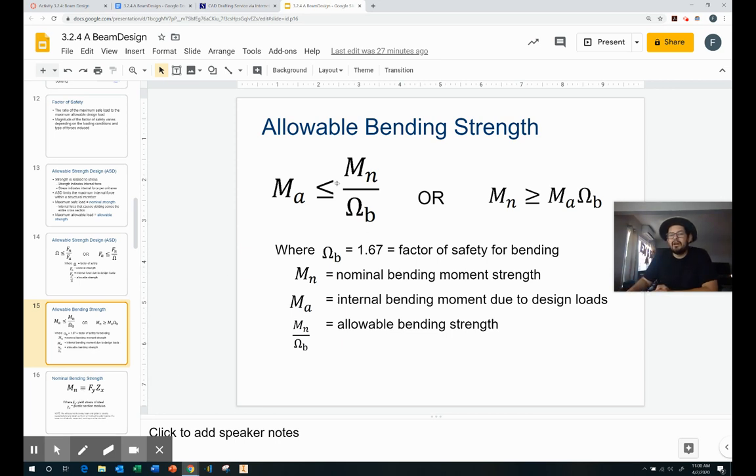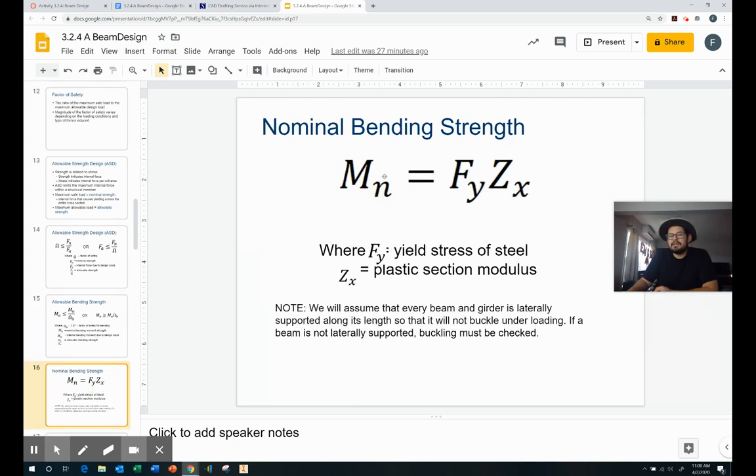How do you even solve for the nominal moment though, right? Because this is an actual calculation. There's a formula that says the nominal bending strength of a beam, so how do we determine how much this can hold, is equal to the yield stress of steel. So the yield stress, if you guys remember on this graph, what is the stress at the yield point?